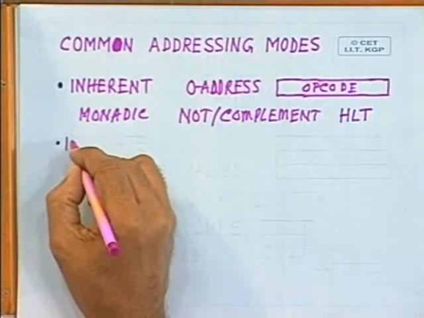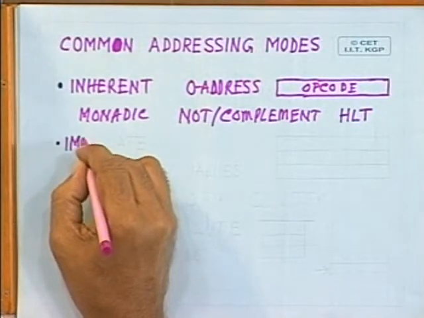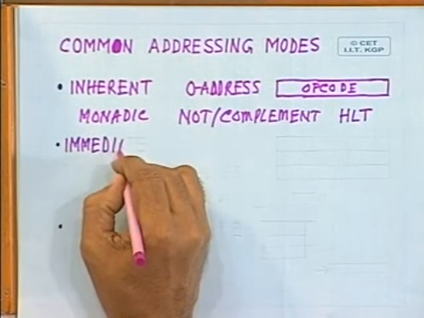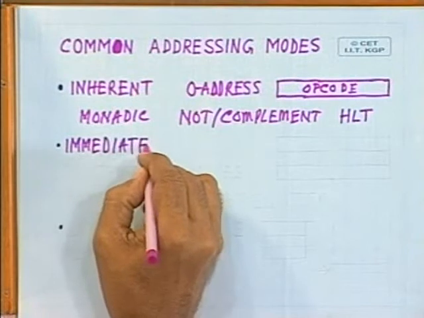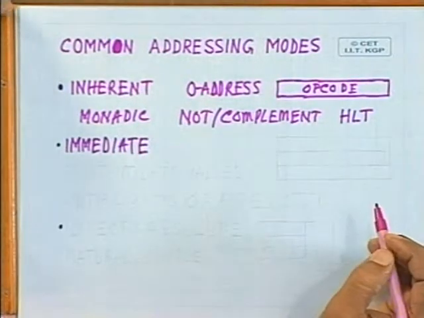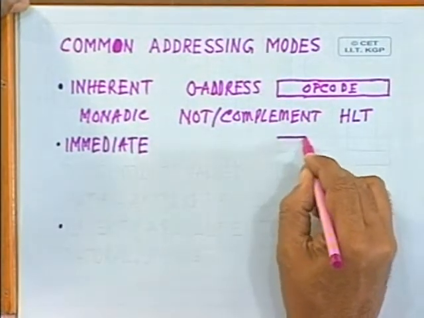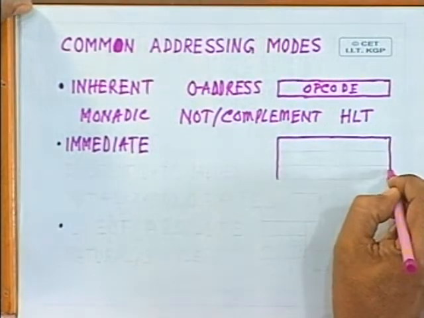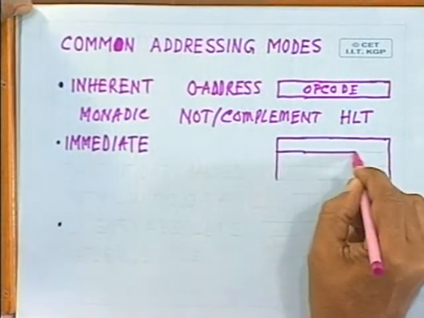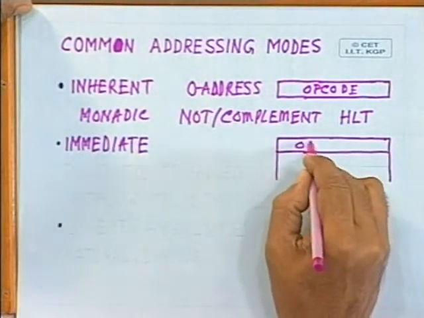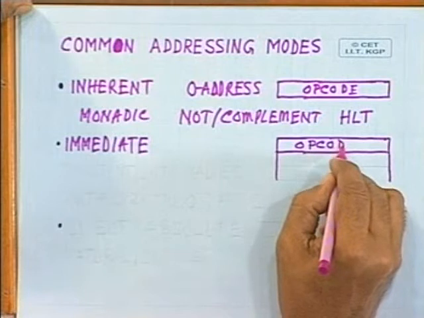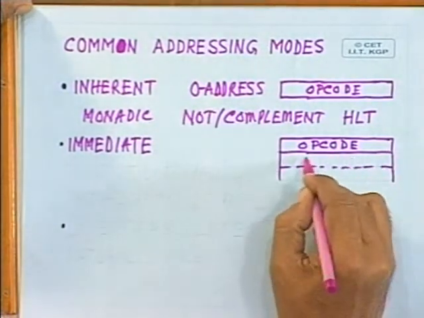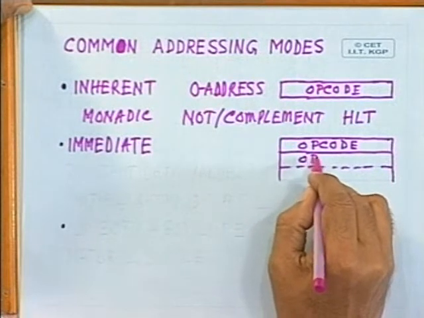Then the second type of addressing mode that is used is known as immediate. In immediate addressing mode, you are providing the operand itself. Say here is your opcode, then the operand itself is provided as part of the instruction. Here is your operand.